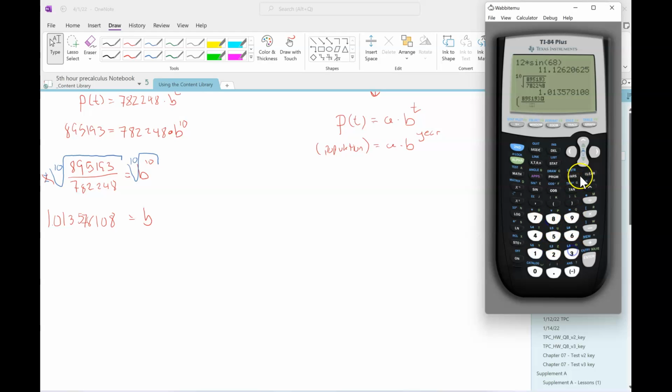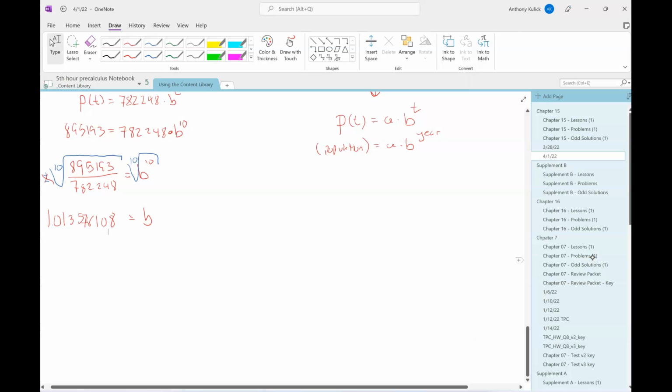So I could also do this same problem this way, where I do exponent to the 1/10, and it gives me the exact same number. Either way is fine, whatever way you prefer. Whether you want to use the radical command or the exponent command, either is fine. Okay? Everybody cool with how to type that kind of thing into your calculator if you need to use a big root?